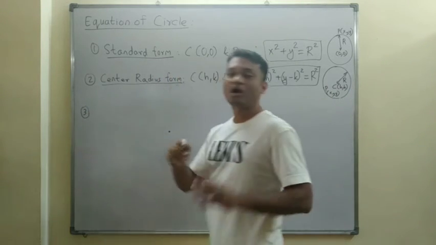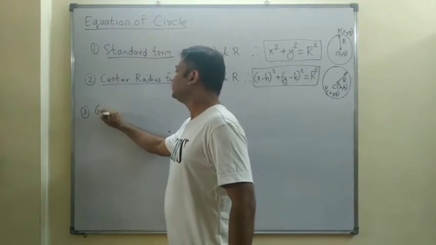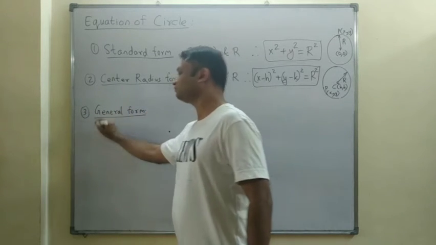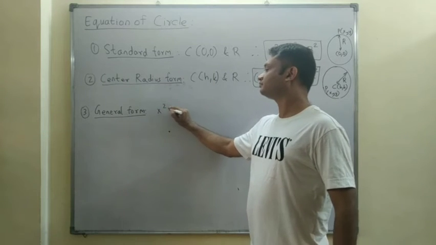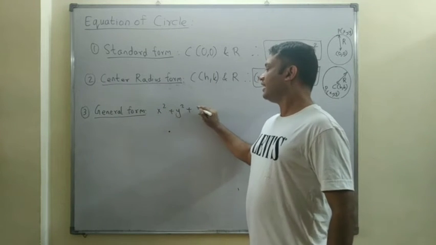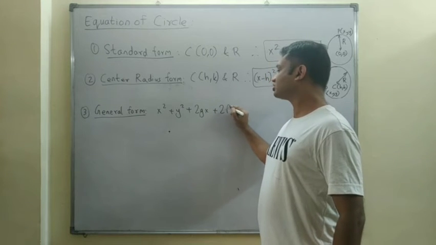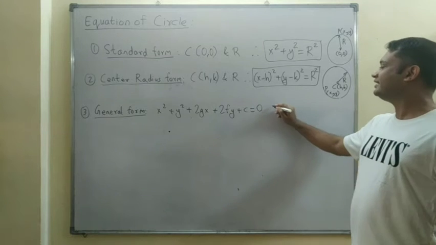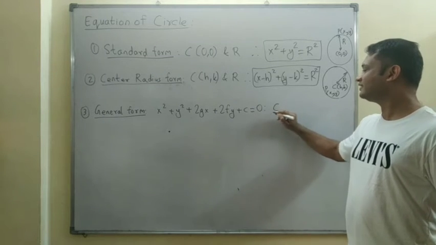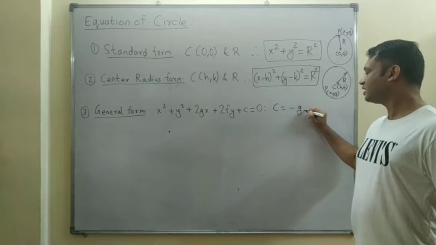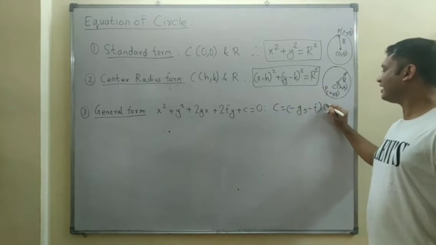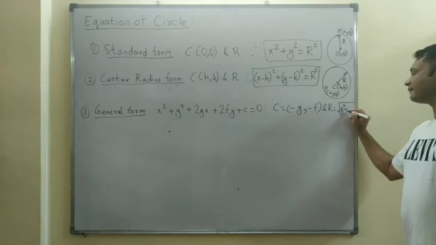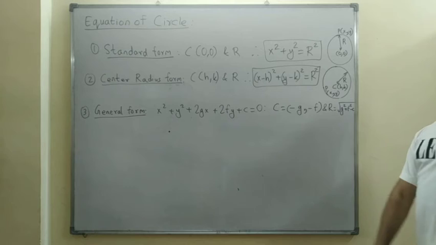Then we derive the third form of the equation of circle, which is the general form. It is given as x² + y² + 2gx + 2fy + c = 0. Here, the center of the circle is (−g, −f), and the radius of the circle is √(g² + f² − c).